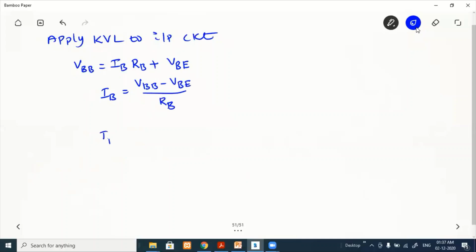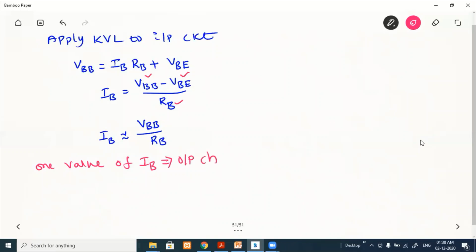Or otherwise, we can write IB is approximately equal to VBB by RB if VBE is very small. Now, by knowing the values of VBB, VBE, and RB, we get one value of IB, and we sketch the output characteristics of the transistor with this value of IB.